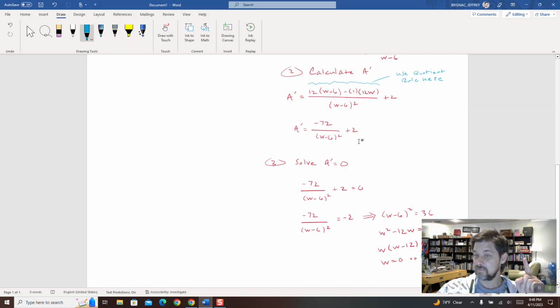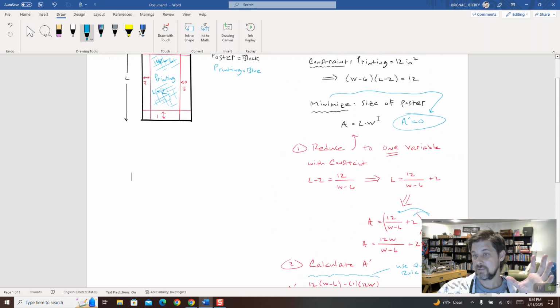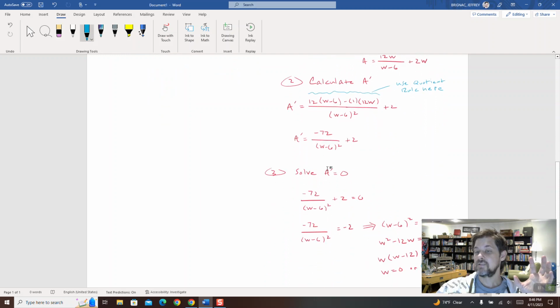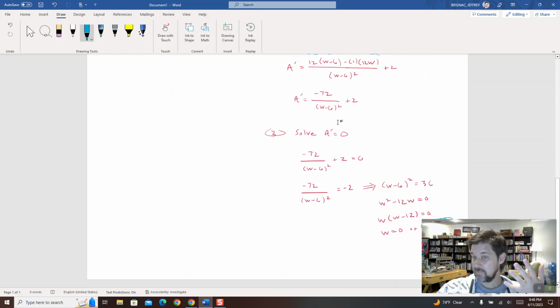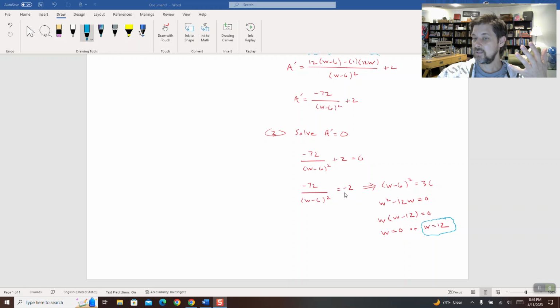That's my derivative. As I mentioned when I started this, ultimately I'm going to find the minimum. I'm going to find the derivative of this and solve it for 0. So I now have the derivative. I set it equal to 0. I subtract 2 from both sides. With some cross multiplying, I'll reduce this to W minus 6 squared is 36.